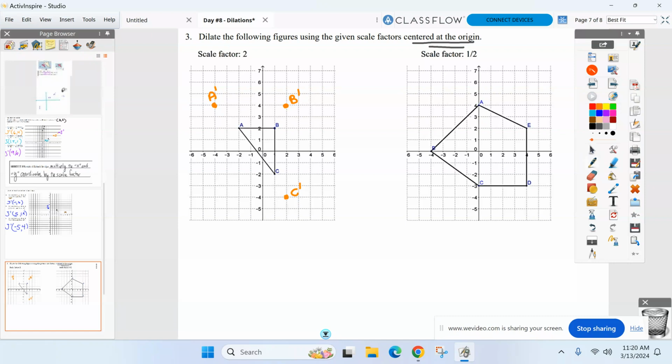You don't need to state them here. Obviously you can always write them down, especially if you're multiplying by the scale factor.